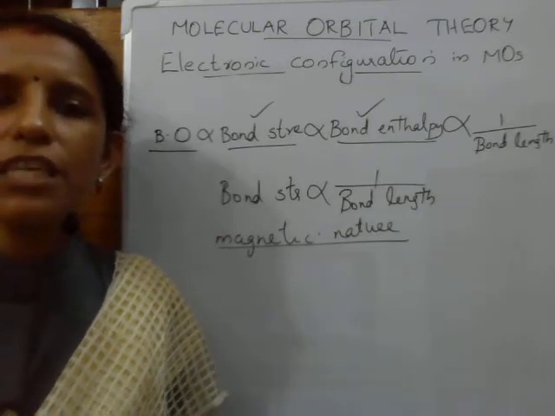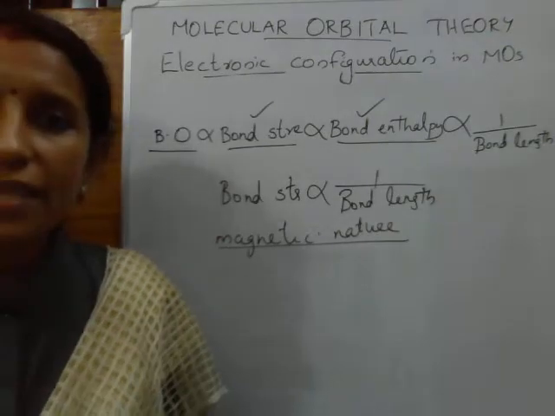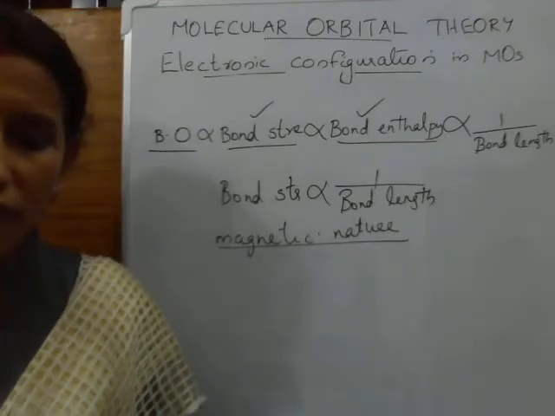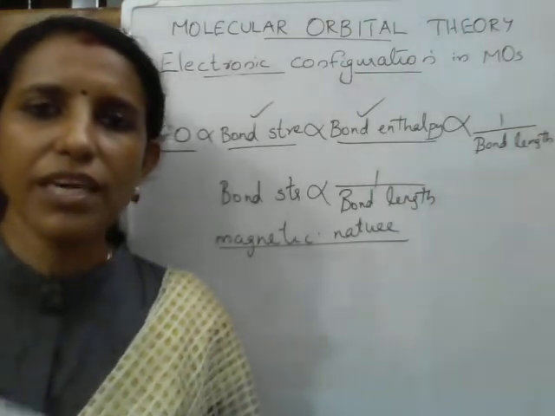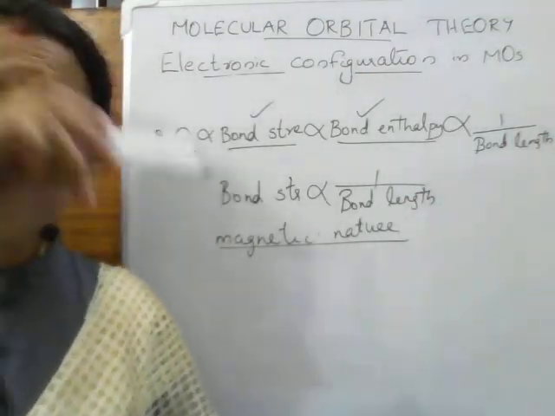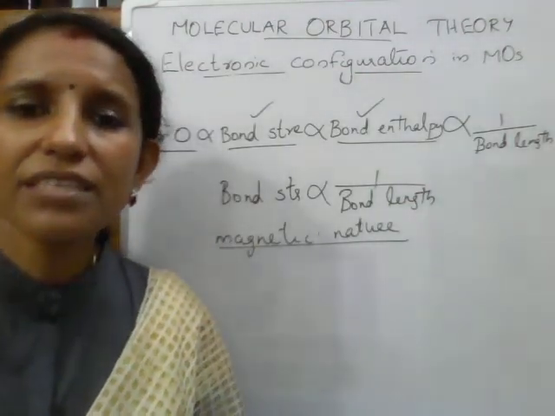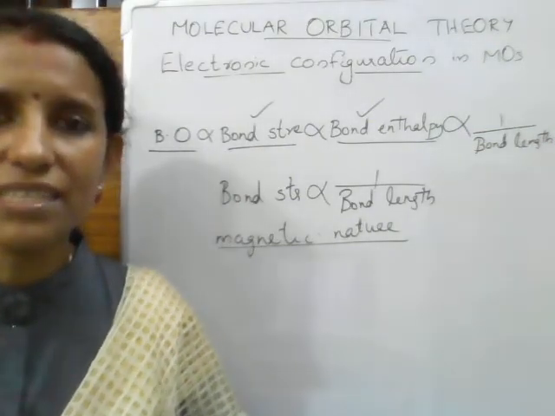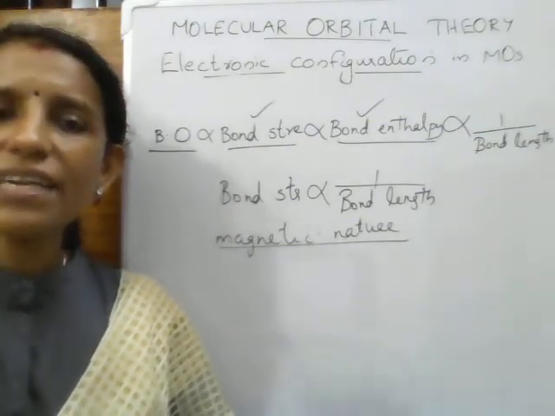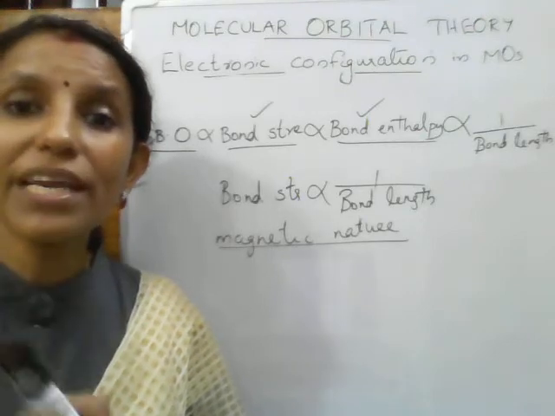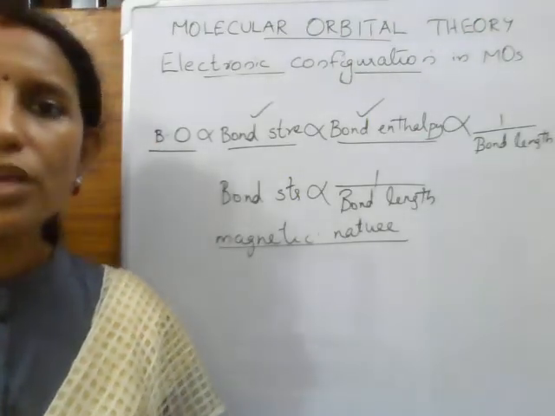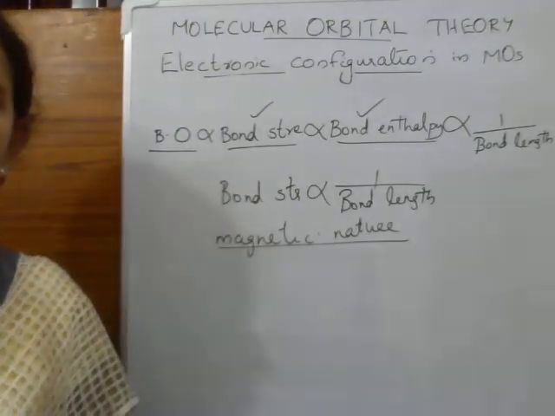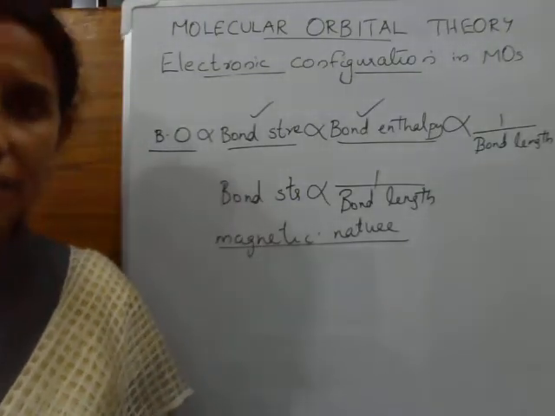Because every substance is made up of atoms, atoms contain negatively charged electrons, and these electrons are always in continuous motion in a circular path around the nucleus. So this movement of electron, which is negatively charged, can be considered as a current carrying conductor. So when a current carrying conductor undergoes a circular motion, what happens? It creates magnetic nature.